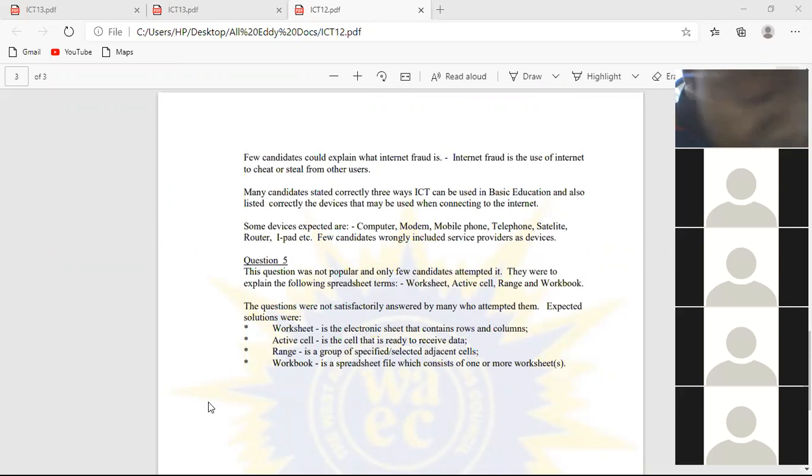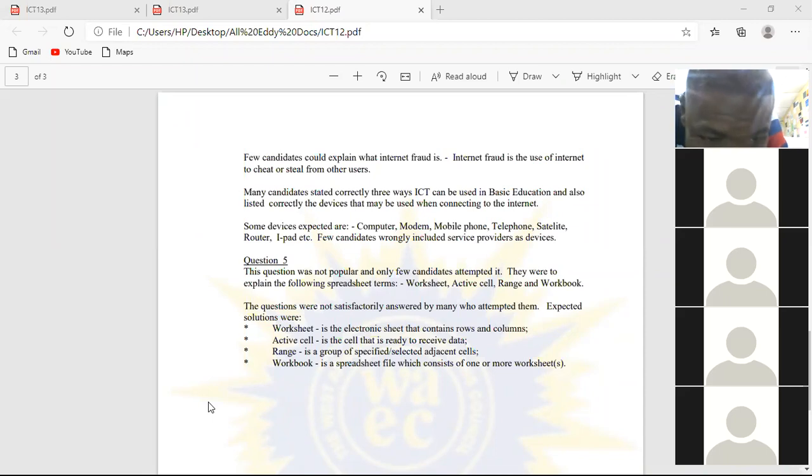Many candidates stated correctly three ways ICT can be used in basic education and also listed correctly the devices that may be used when connecting to the internet. Some devices expected are computer, modem, mobile phone, telephone, satellite, router, iPad. Few candidates wrongly included service providers as devices.